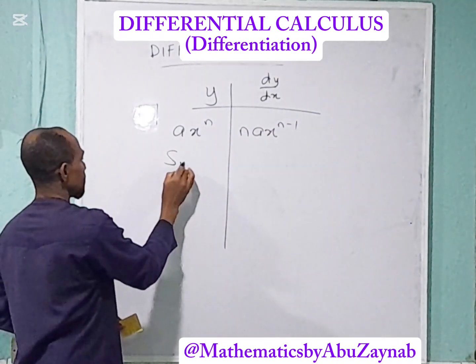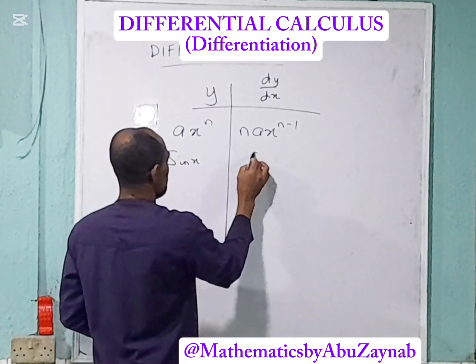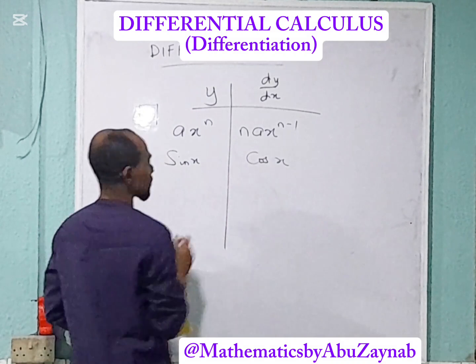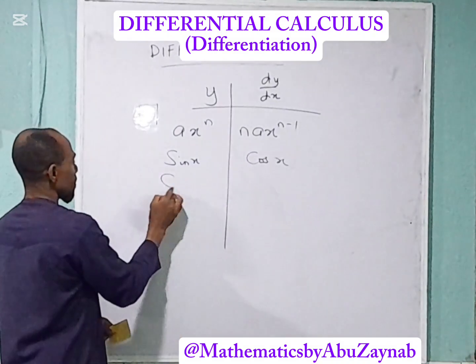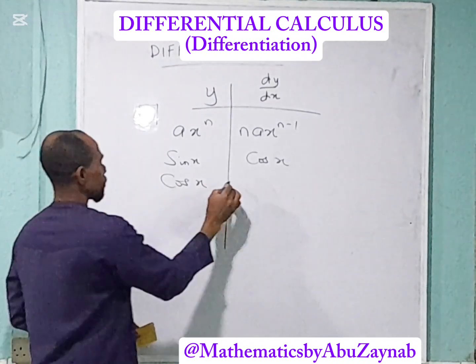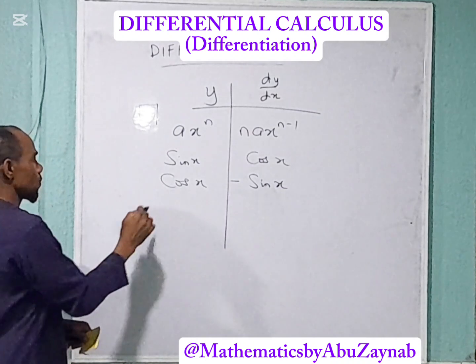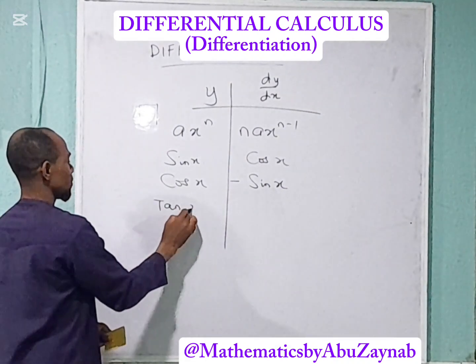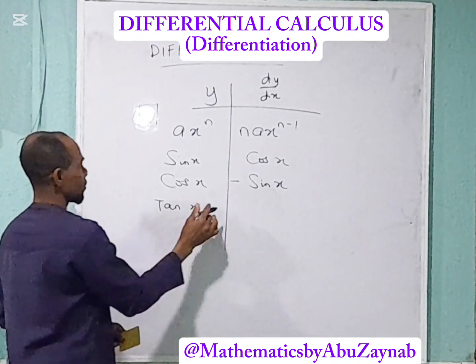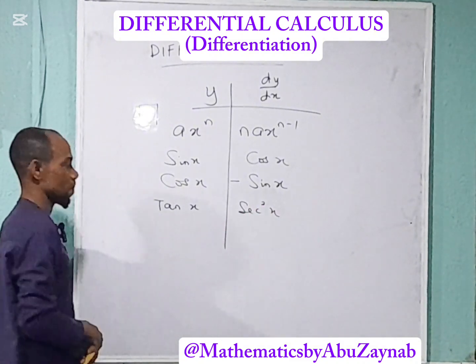If you have a trigonometric function, sine specifically, after differentiating, we're going to have cos x. If you have cos x as the function, when you differentiate, you're going to have minus sine x. And if you have tan x to start with, on differentiating, you're going to have sec squared x.